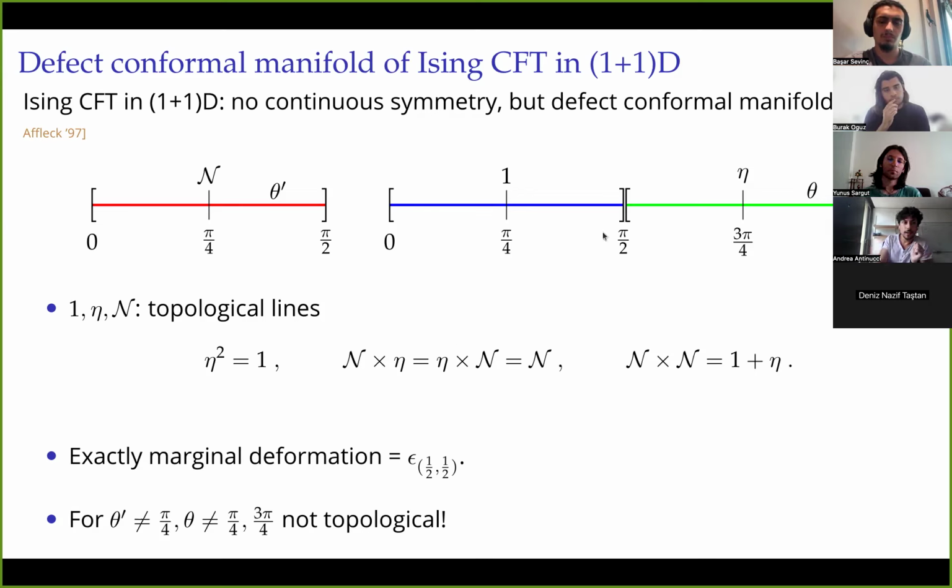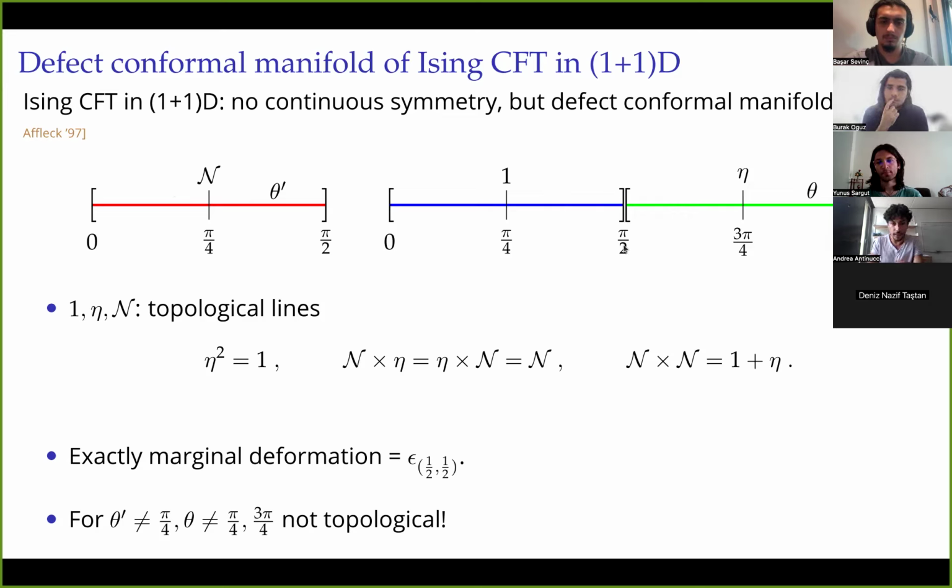Nevertheless, it is known since almost 30 years that there are in this theory three continuous families of conformal line defects. I drew this conformal manifold here, and there are many interesting properties to discuss before I go on. First of all, this is made of three intervals, but two of them are joined at this point.